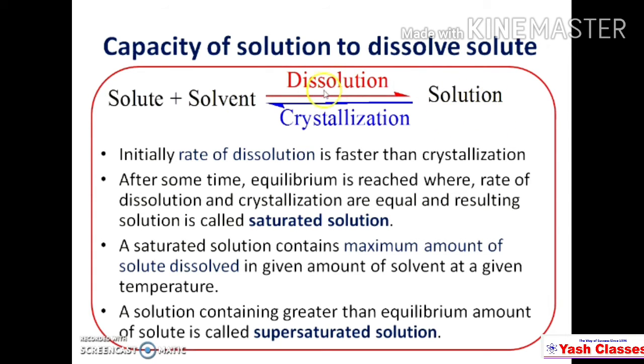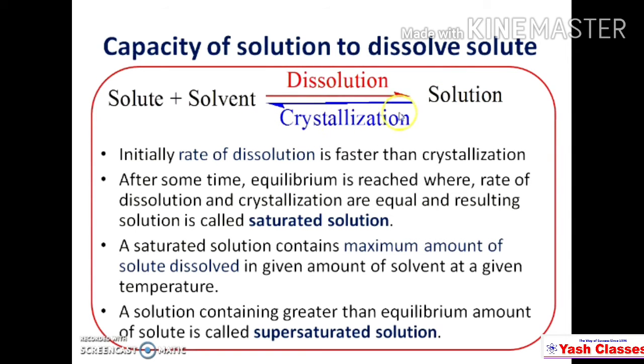So in the beginning, the rate of dissolution will be very high, and as soon as solute dissolves in solvent to give the solution, after some time solute may have a tendency to escape out of solution and get recrystallized.